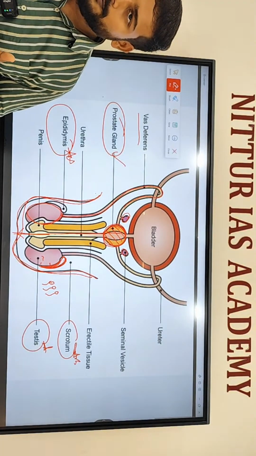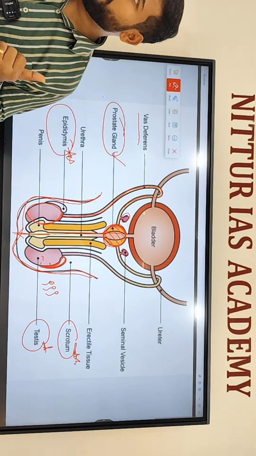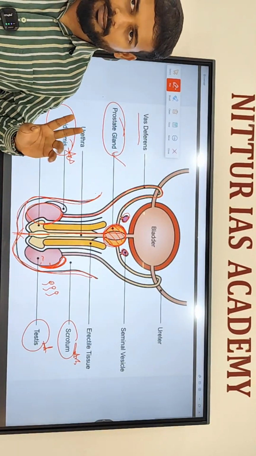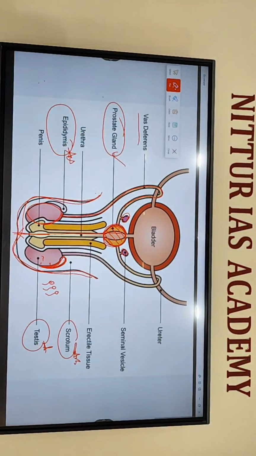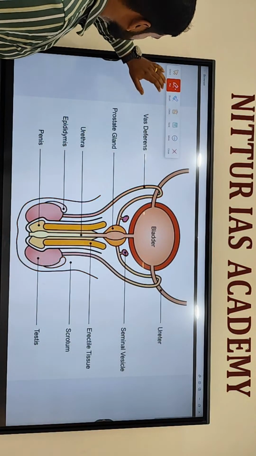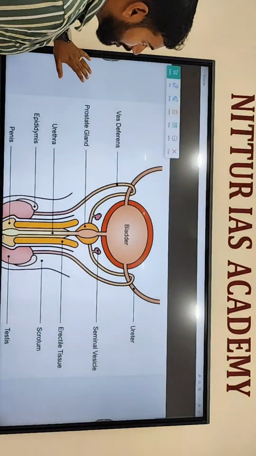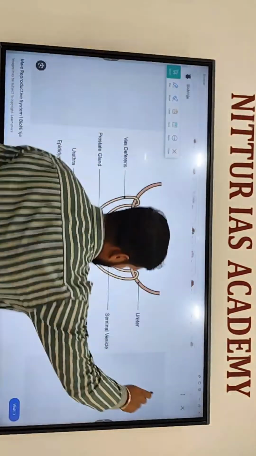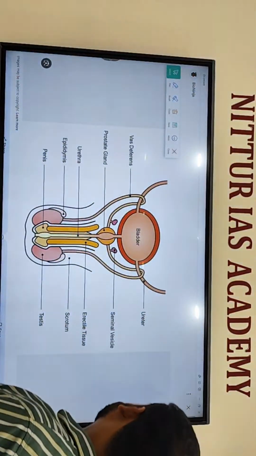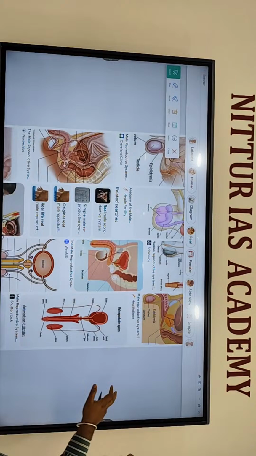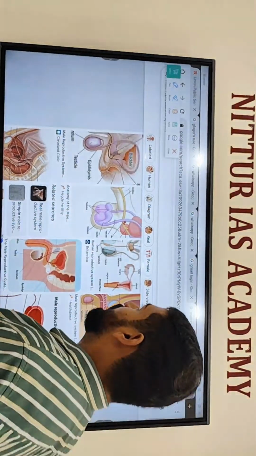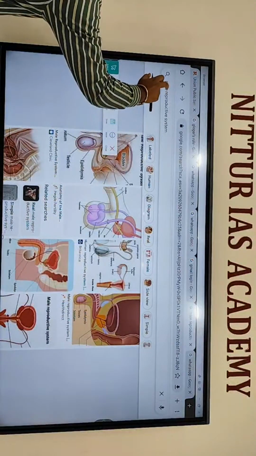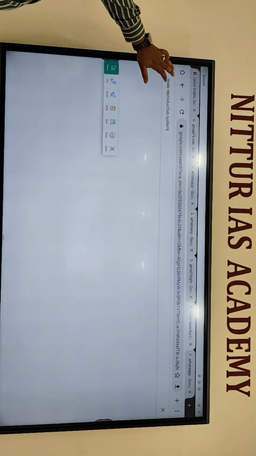For the production of sperm, it requires low temperature, minimum 2 degrees less. The male reproductive hormone is, which one? Testosterone.